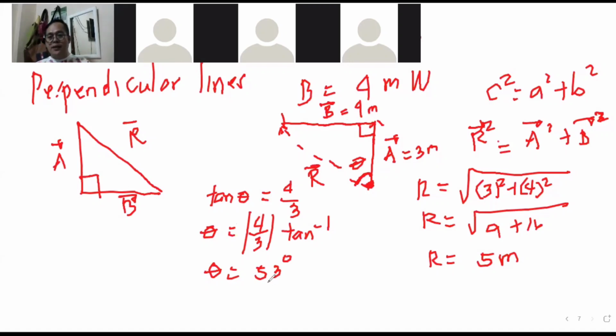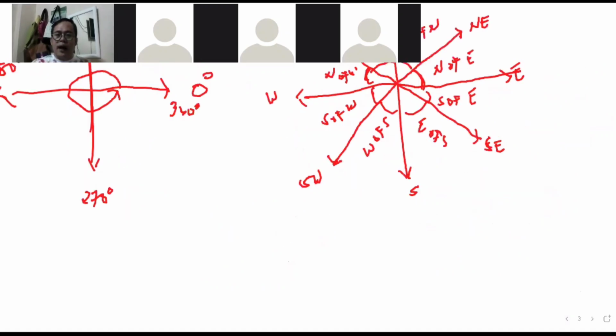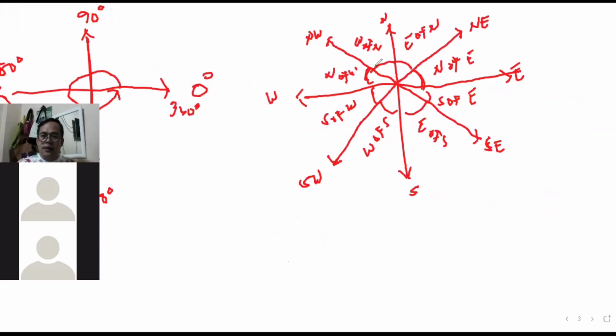But the question is, what is the direction? 53 degrees, from where? Okay, look back at your direction. So if we look at that part, this is west of north.